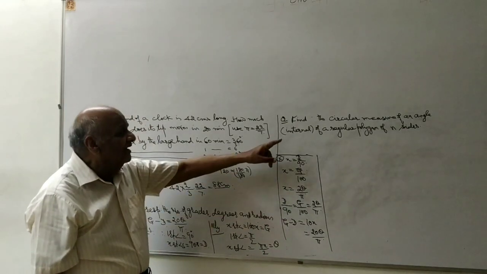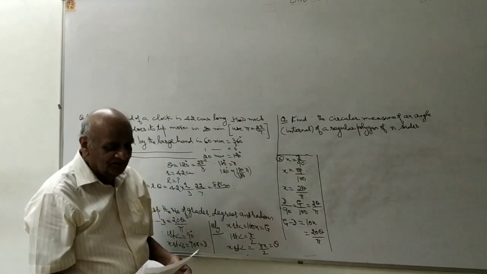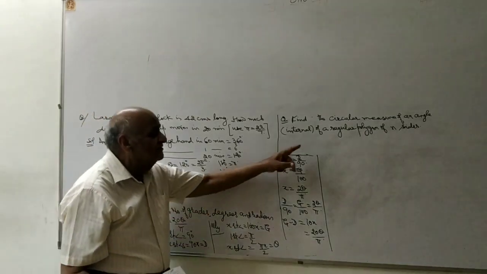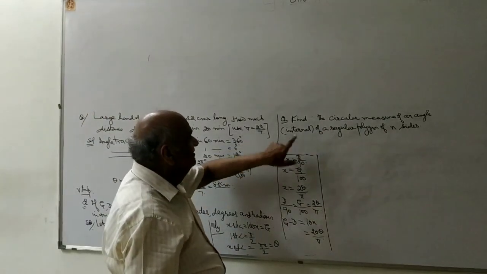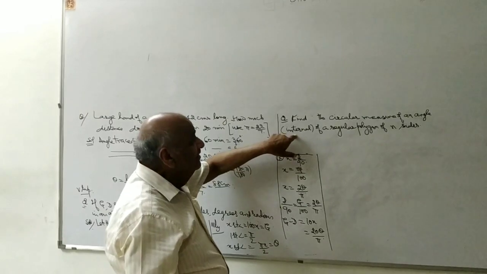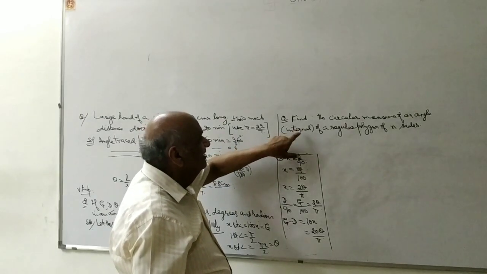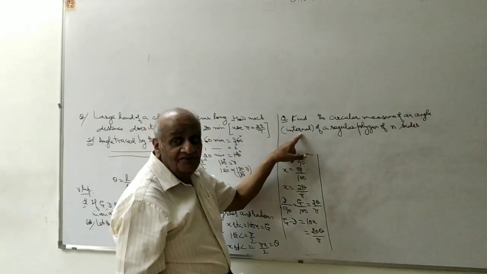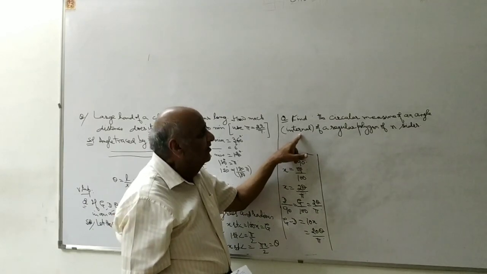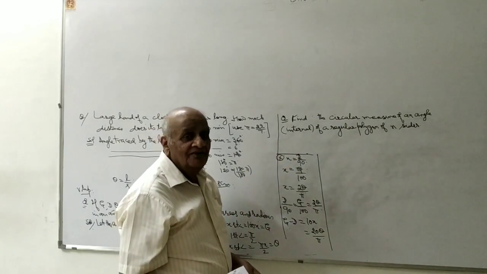Now one more question I want to discuss with you. Find the circular measure of an internal angle, that is, we have to find the internal angle in the circular system of a regular polygon of n sides.